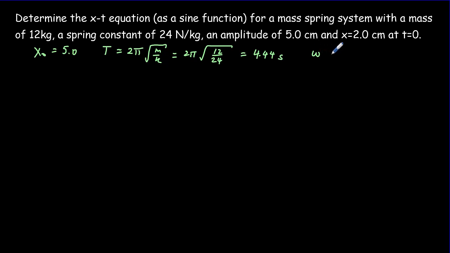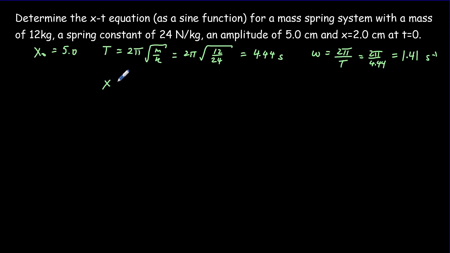So our angular frequency will be 2 pi divided by the period, or 2 pi divided by 4.44. And if we plug that in, we get 1.41 seconds to the minus 1 for the angular frequency. So that gives us this much of our equation.